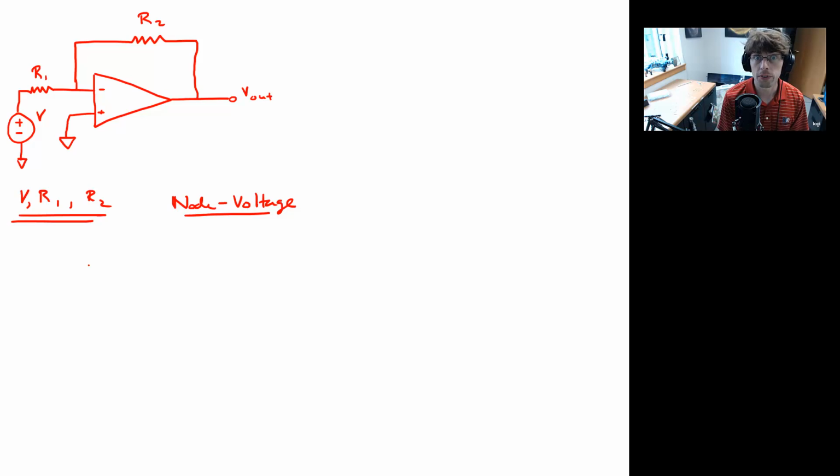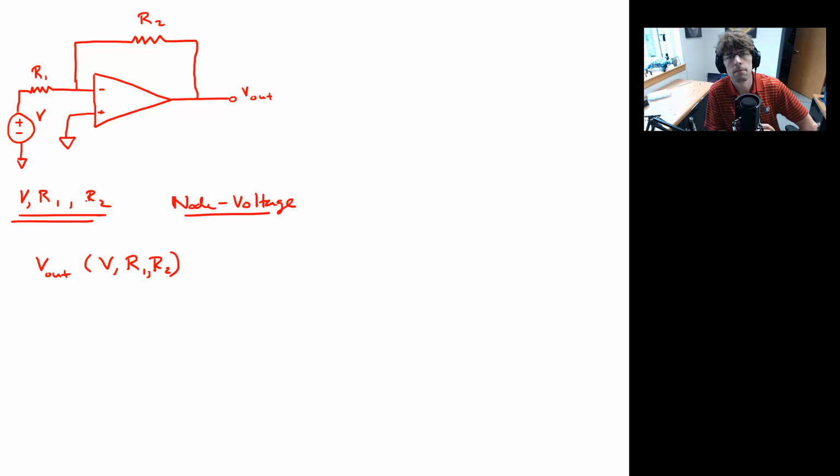Using node voltage, here's the question I have for you. What is V out in terms of the input potential, R1 and R2? Go ahead, take a minute, see if you can hack it out.